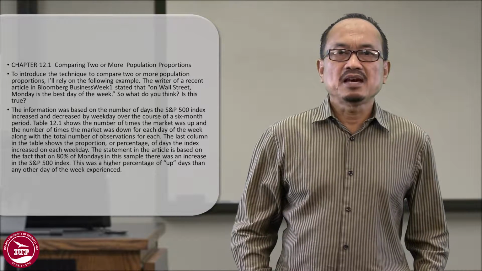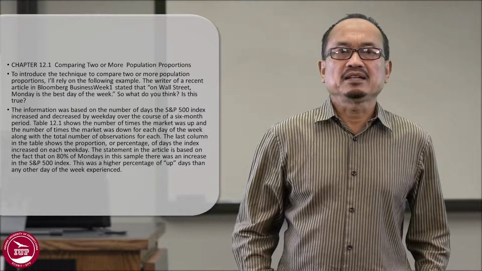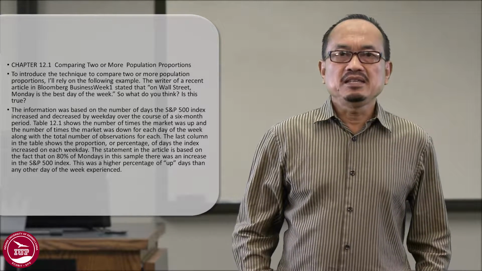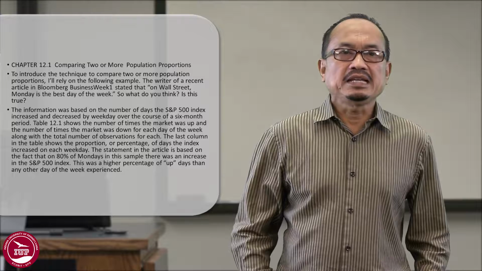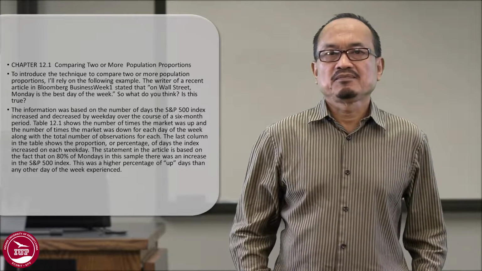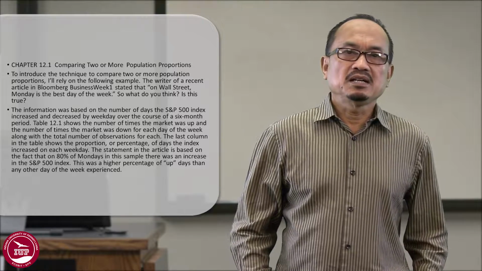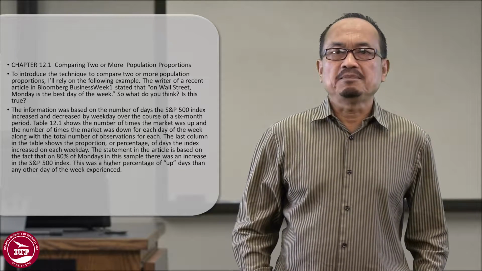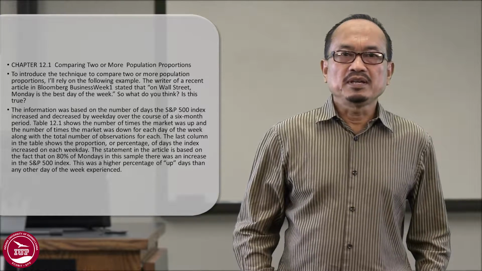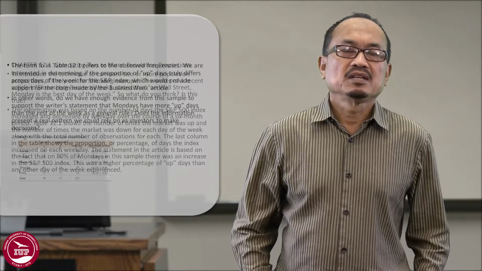The statement in the article is based on the fact that on 80% of Mondays in this sample, there was an increase in the S&P 500 index. This was a higher percentage of up days than any other day of the week experienced.